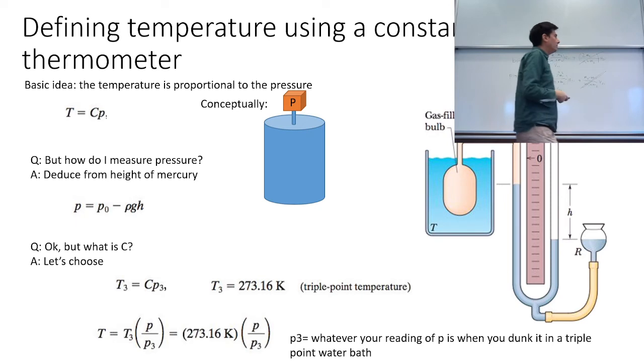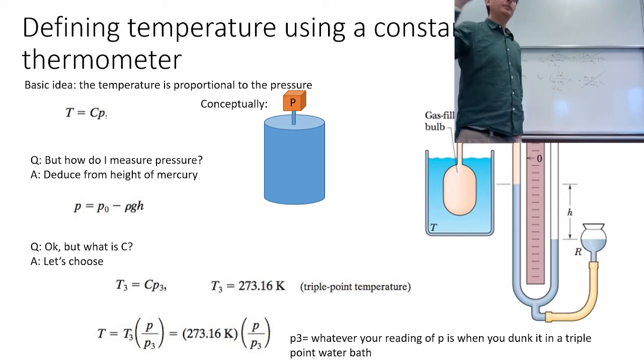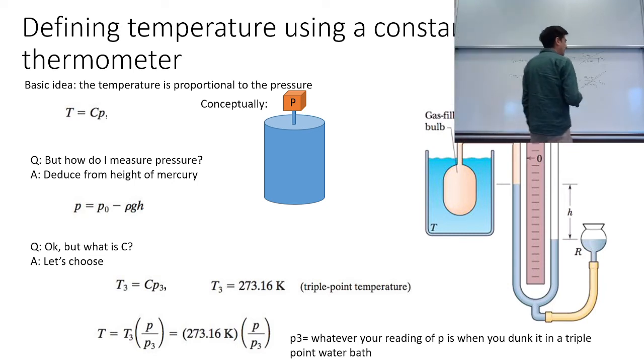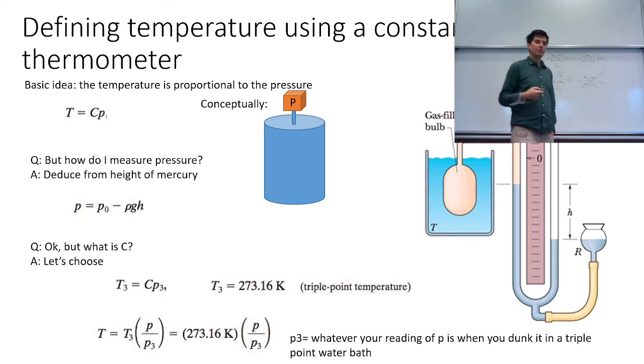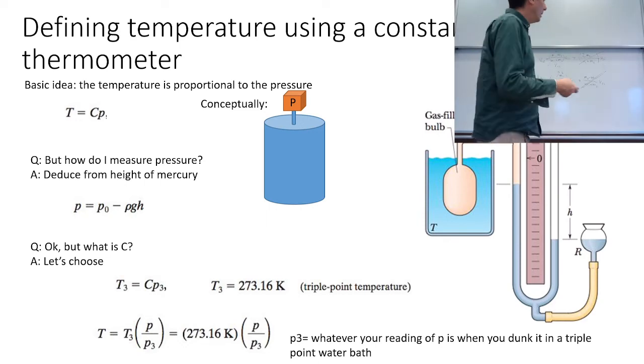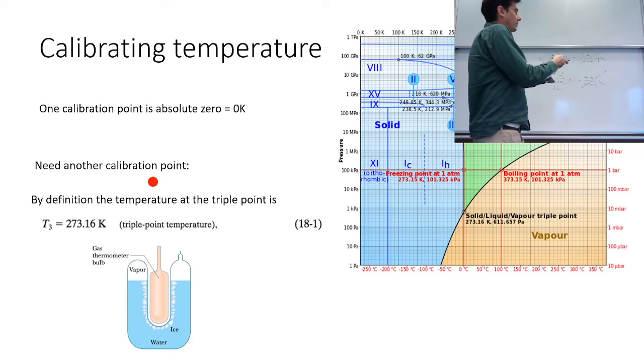Okay, so that gives us two reference points in order to make a calibrated definition of temperature. The two points are absolute zero and the triple point of water.